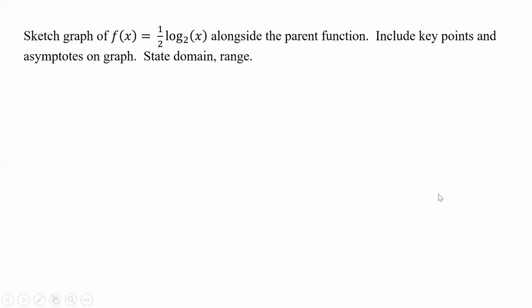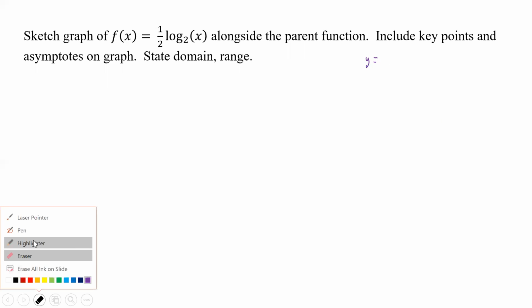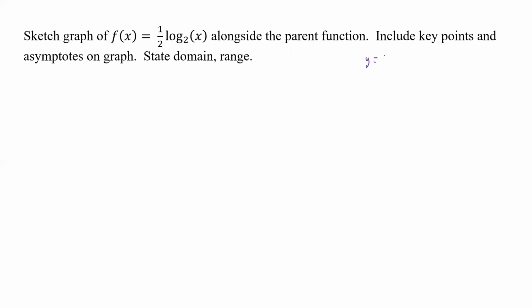All right. So what is our parent function here, and what is the new function? Well, our parent function is y equals, I'm writing the function again, log base 2 of x.